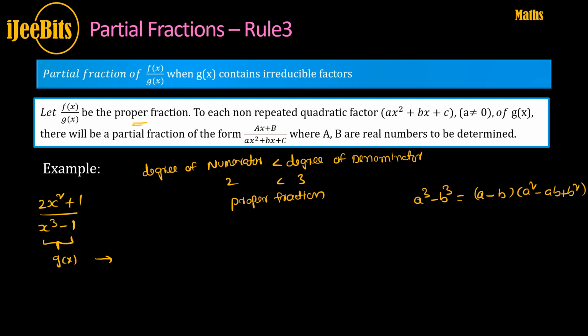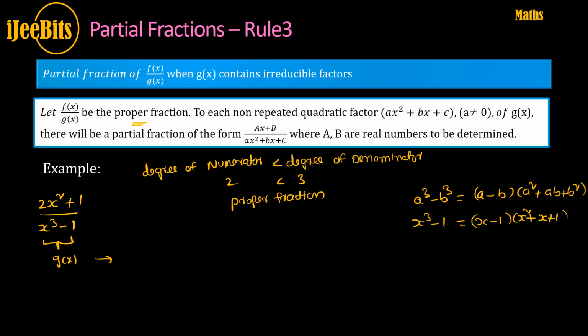Is it correct? So now how do you expand this? If you say x cube minus 1, it can be written as x minus 1 into x square plus x plus 1. This is how you can write it.